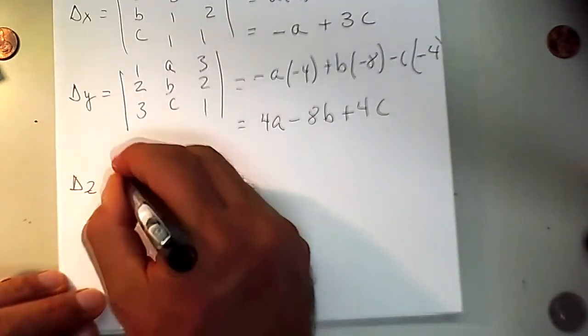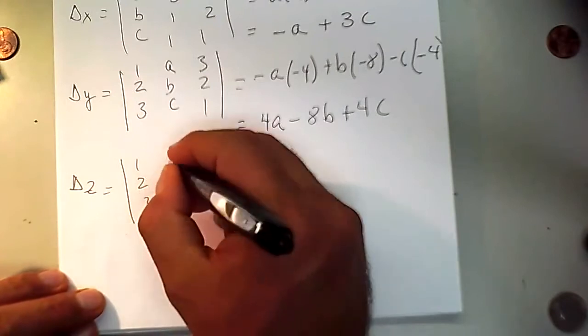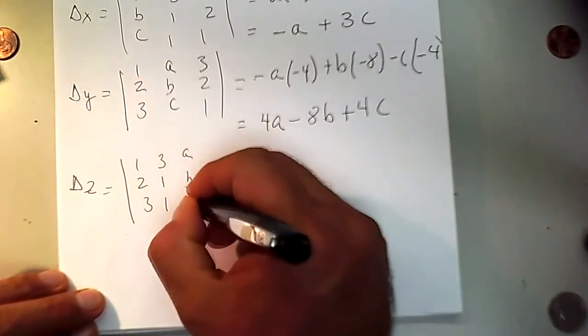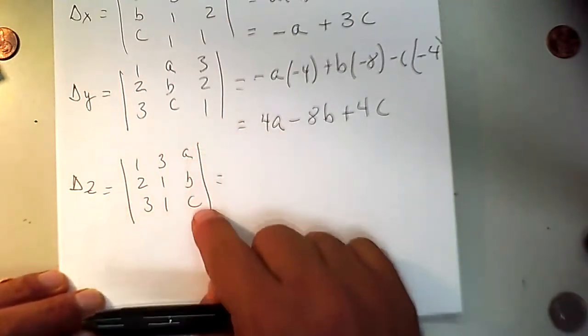Delta z equals 1, 2, 3, 3, 1, 1, A, B, C. And now we're going to expand with respect to this column.